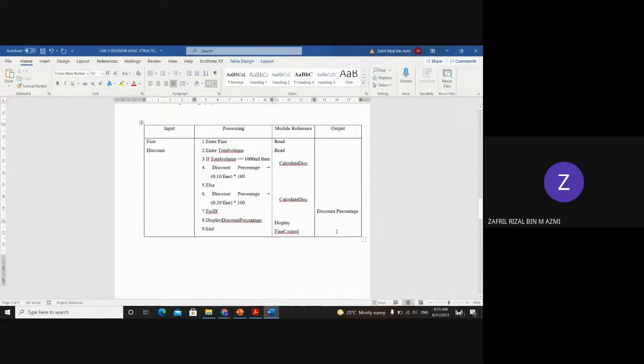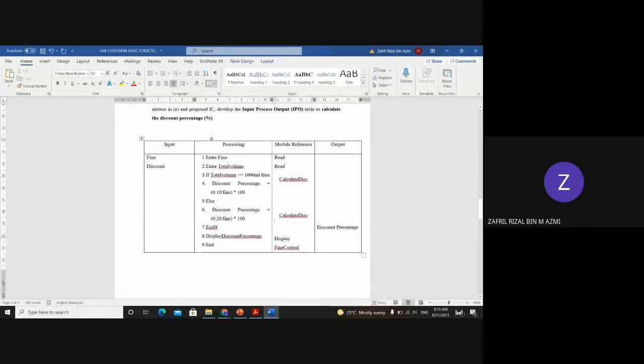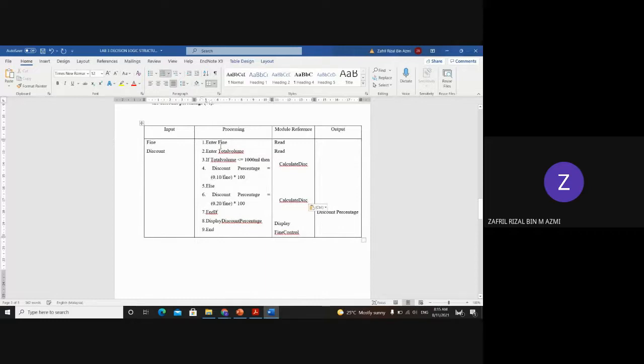IPO, okay, correct. So this is the input, and this is the decision. If you put the name of the module in each of the lines, that is also very good. All the lines you put calculate discount. So if you have 3, 4, 5, 6, 7 lines, put it on all 7.